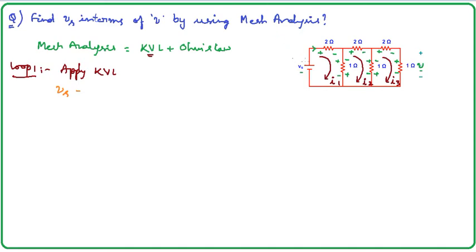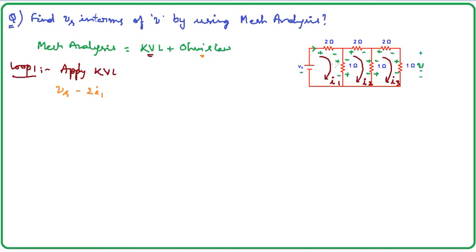Now I need to find the voltage across this 2 ohm resistor. According to Ohm's law, V is equal to IR. I is the current passing through this, that is I1, and the resistance is 2. So minus 2 I1.